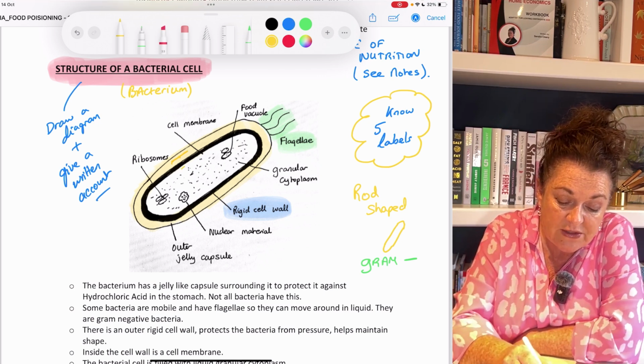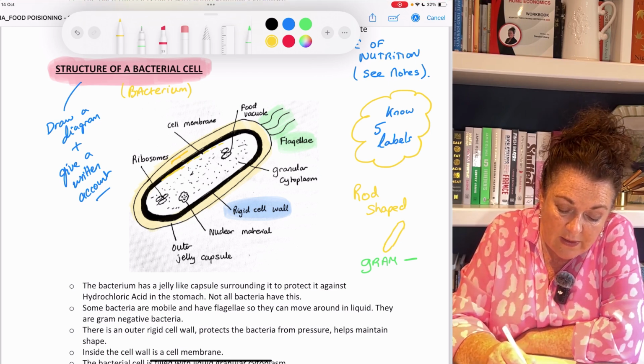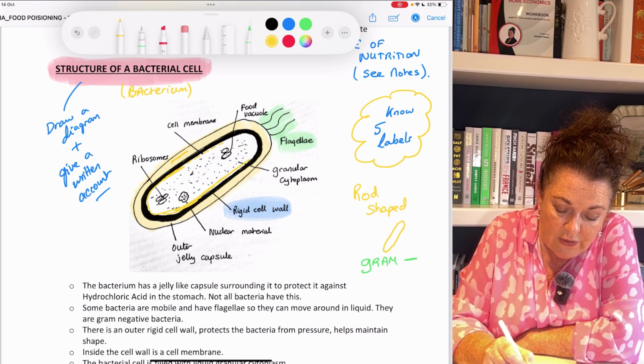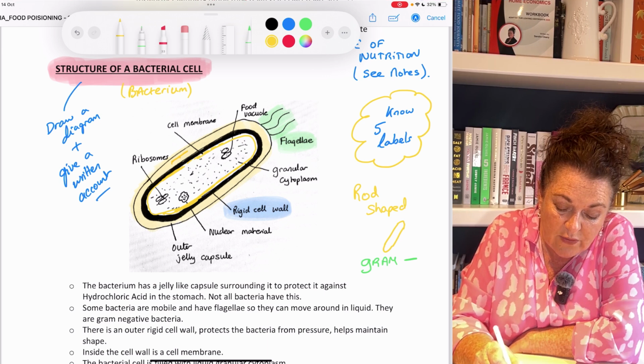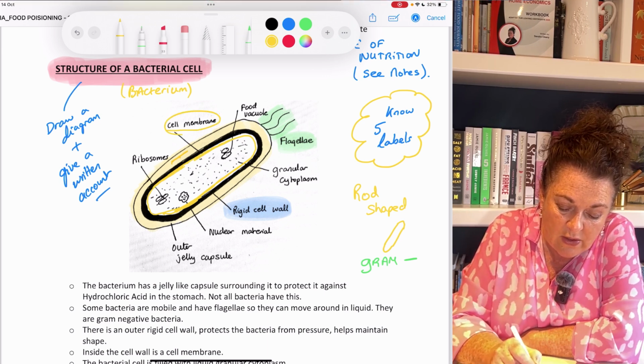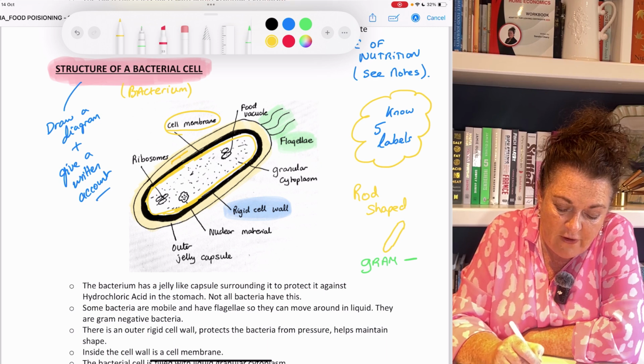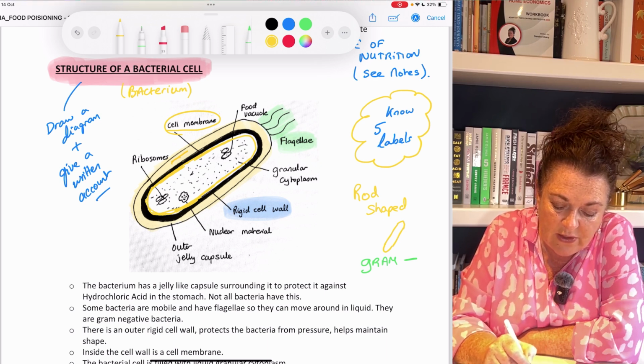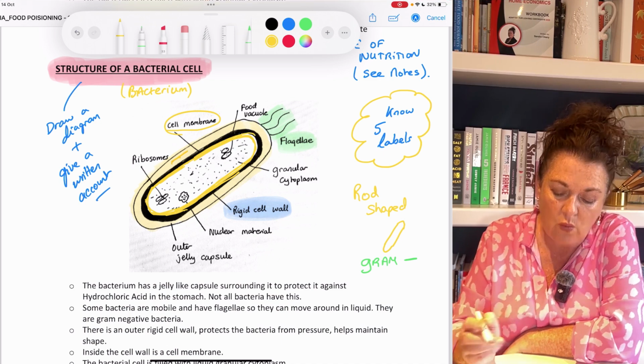Now, if you wanted, you could put a broken line just on the inside for the cell membrane, or use a different color with a coloring pencil. So that would be our cell membrane. Very, very thin. I've exaggerated here, just inside the rigid cell wall.